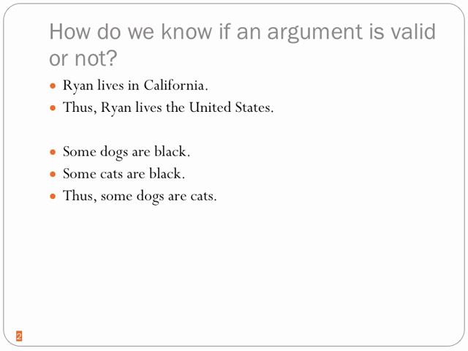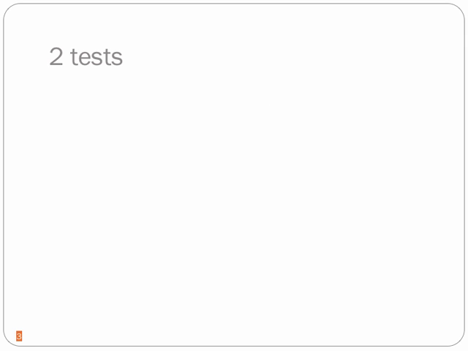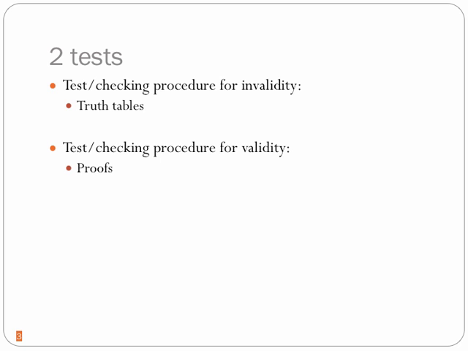It leads us to thinking that some arguments are valid that aren't, or it leads us to think that some arguments that are valid are not. So what we're going to be doing is looking at two formal tests, checking procedures, one for invalidity, called truth tables, and then one for validity, called proofs.